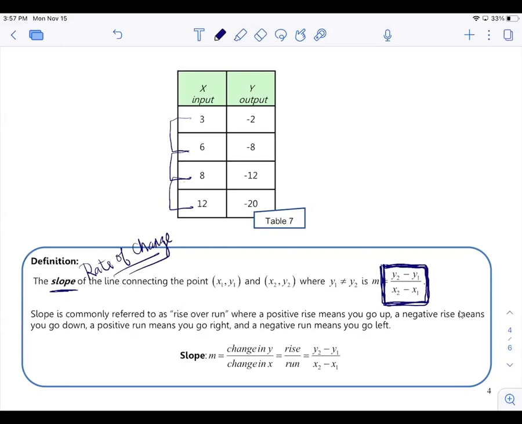Here's another way to say this: delta y over delta x. This is just a Greek letter in math that we use for change. So that's saying the change in y divided by the change in x. If that is constant, then we know it's linear.